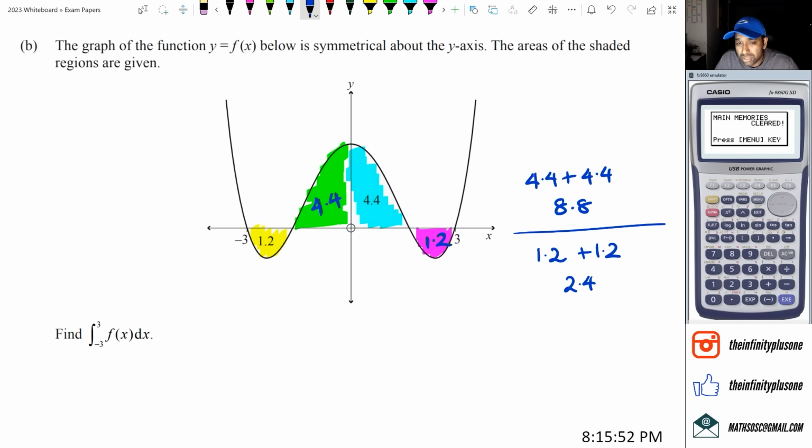But remember that it's below the x-axis, so it's a negative value. And so when we do 8.8 take away 2.4, you end up with 6.4. You pretty much need this for your achieved grade for this question.